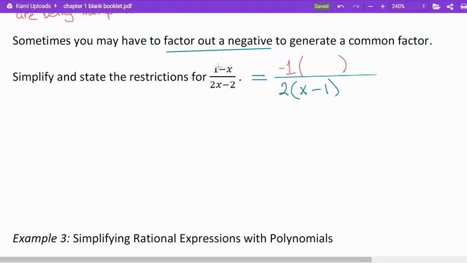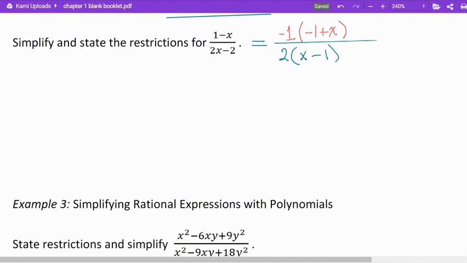So when I go positive 1 divided by negative 1, I get minus 1. Negative x divided by negative 1, I get plus x. This is starting to look better. You can eventually skip this step. I just want to show you what's happening.